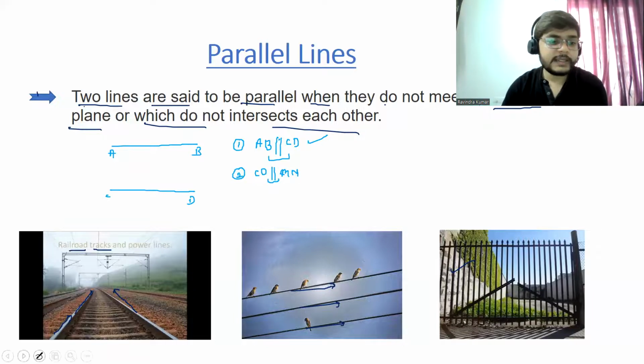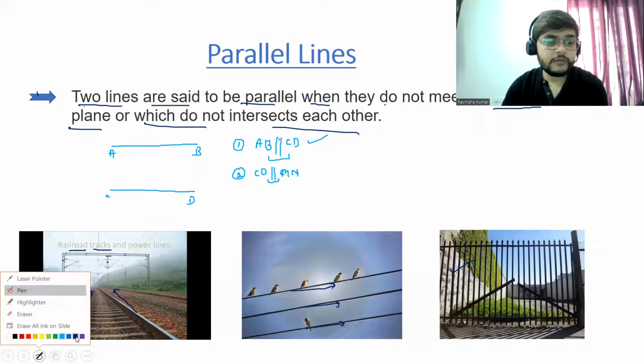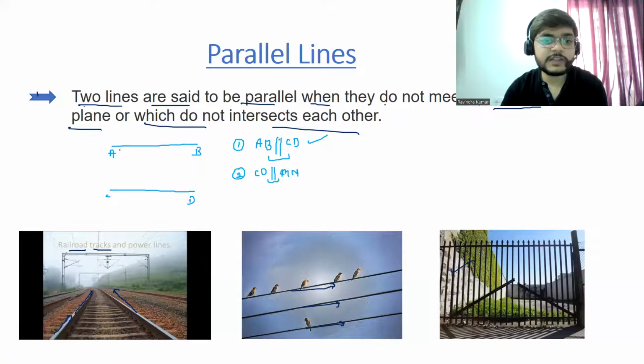Okay. The second thing is this: when we measure the distance between these two parallel lines, let's say at this point we measure the perpendicular distance between AB and CD. Let's say it will be d. And when we measure at this point, it will also be d. When we measure here, it will also be d.